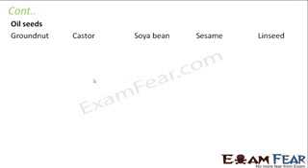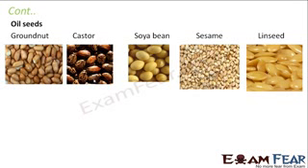Next, the oil seeds, the seeds which can generate oil, for example groundnut, castor, soya bean, sesame, linseed. The sunflower oils available in the market are also obtained from oil seeds. Similarly, castor oil, which some people put on hair because they say it helps in hair growth.